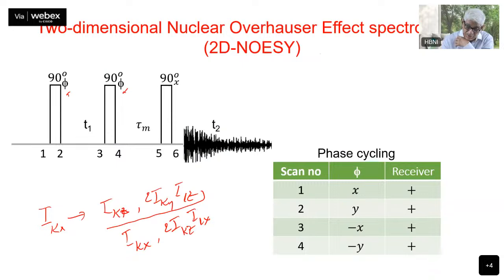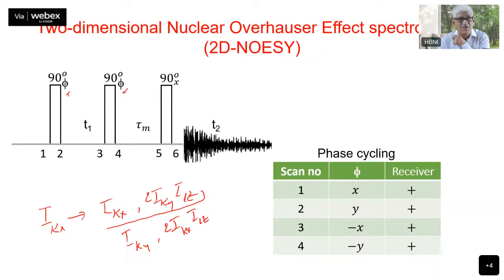IKX, ILZ, and IKY, ILZ. Let me write it again. This was the COSY part: IKX, IKY, ILZ, and IKY, IKX, ILZ. This was after the evolution under the coupling constant. We had these 4 terms, and we eliminated this part to get the COSY spectrum.